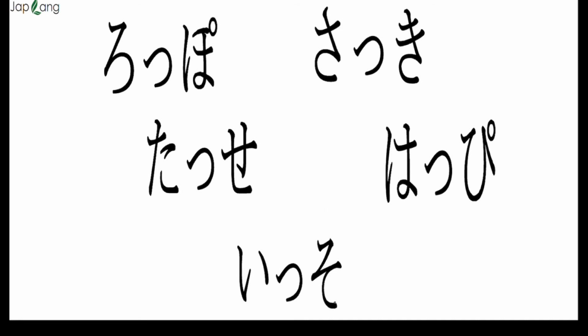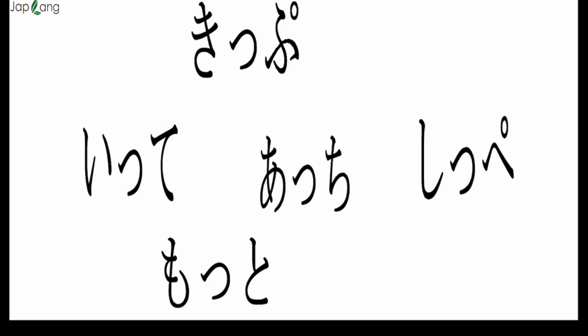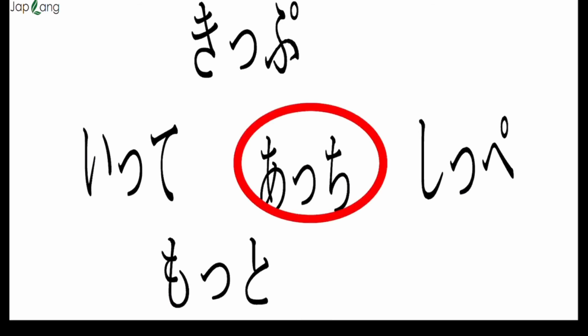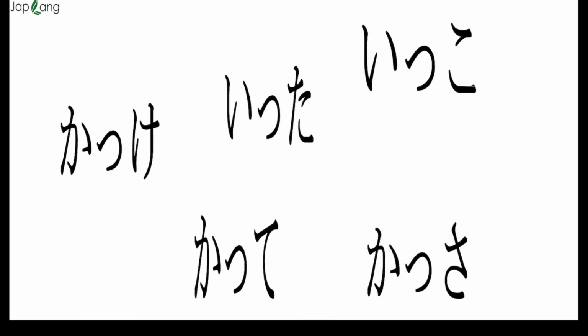So it depends on the size of the tsu. Now please tell me where is Isso. Isso is at the bottom. Alright, where is Achi? Achi is in the middle. Where is Ikko? Right-hand side top.